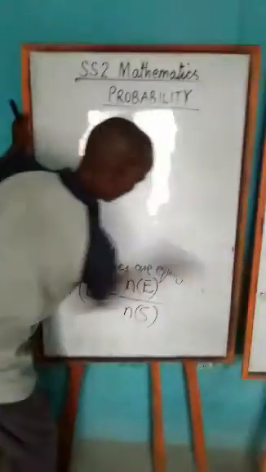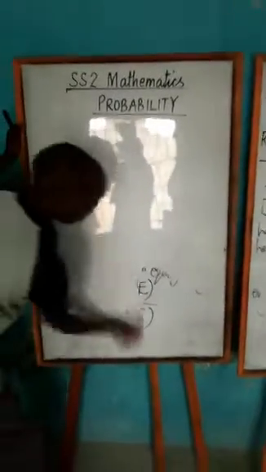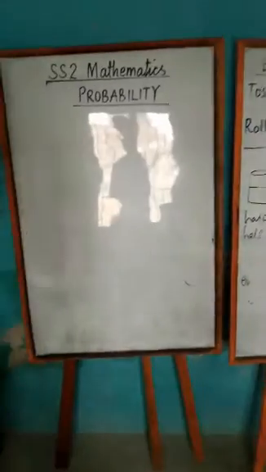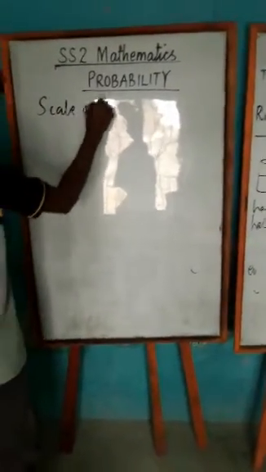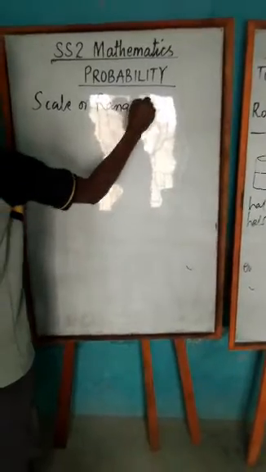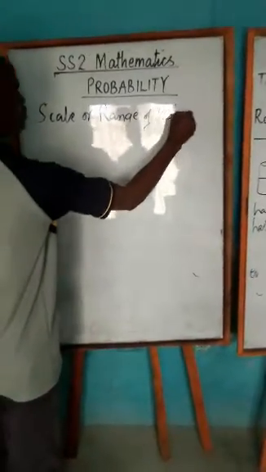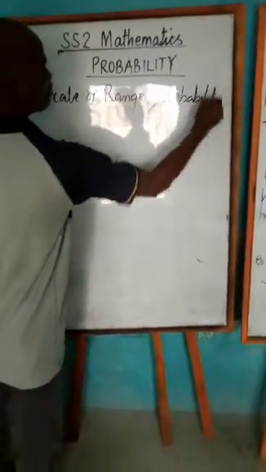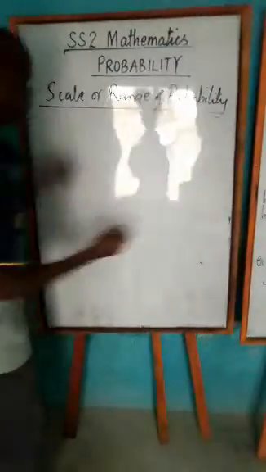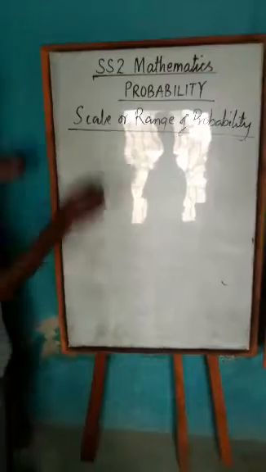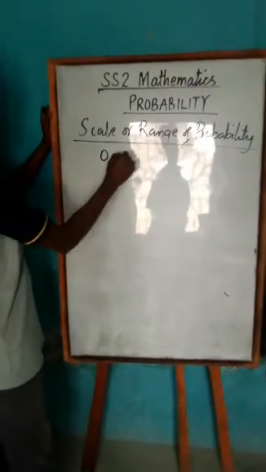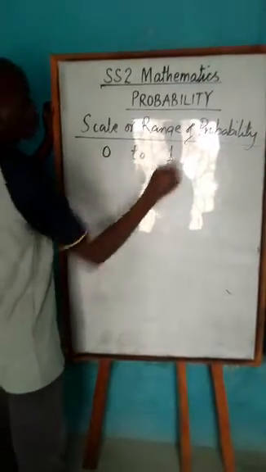The scale or range of probability. Probabilities are usually given in the range or scale of 0 to 1.